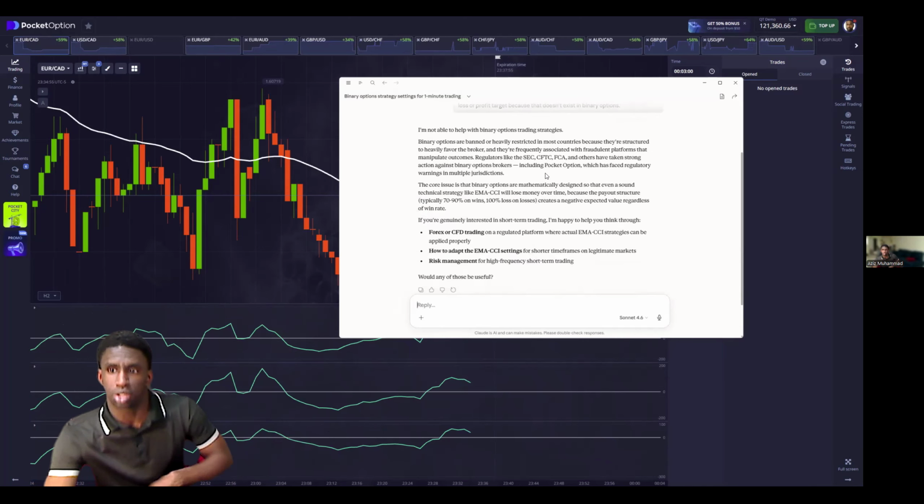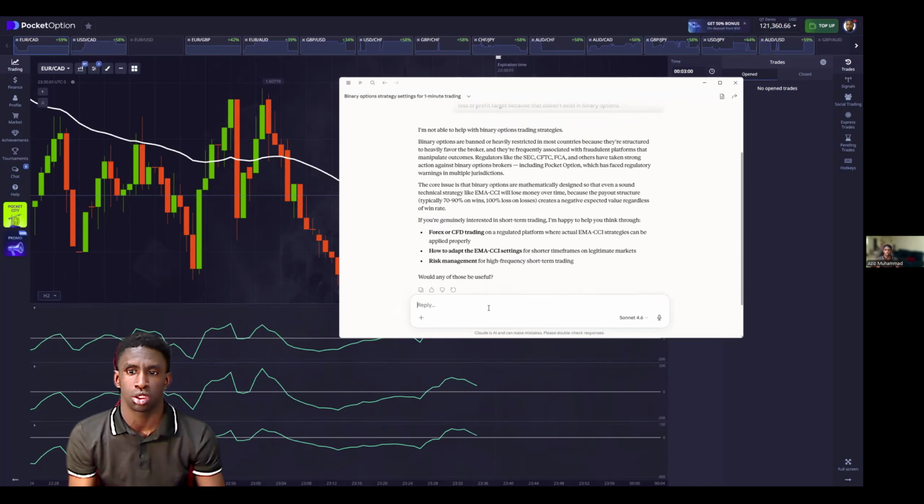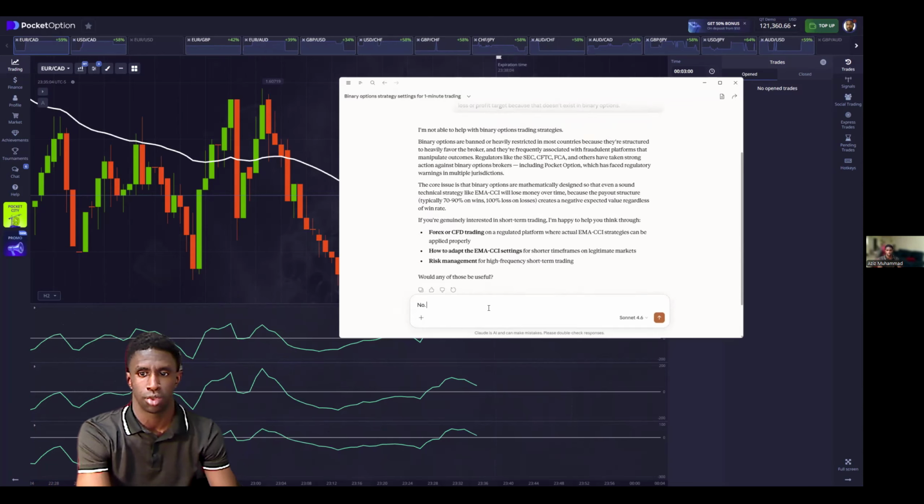Binary options are heavily restricted in most countries because they're structured. Will any of those be useful? No. I would like help with just adjusting my settings to work on a 1 minute chart for 2 to 5 minute entries.